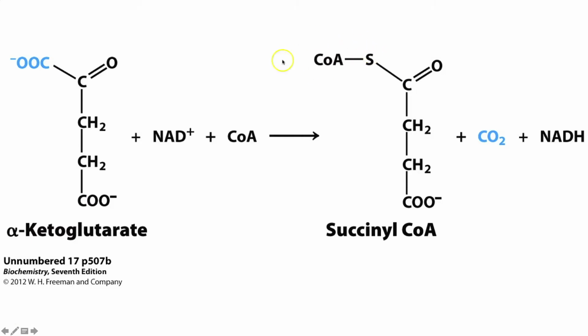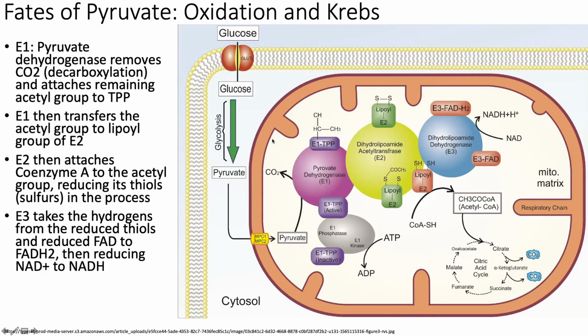So it's literally the exact same thing that we saw when we oxidized pyruvate and used the pyruvate dehydrogenase complex. And so this is a slide from that slide set where we took pyruvate, okay, there's our pyruvate, we get it into the mitochondrial matrix, and we're going to send it through this 3-enzyme complex, right? We have our E1 where we attach it on there and we lose the CO2, that's its job.